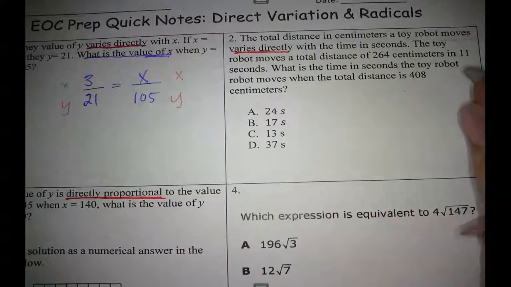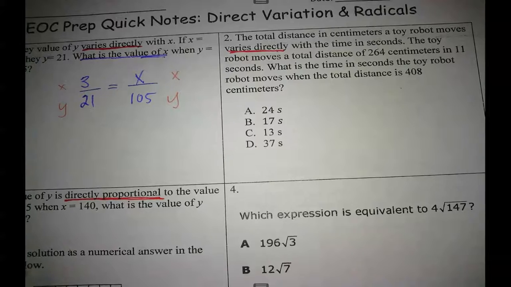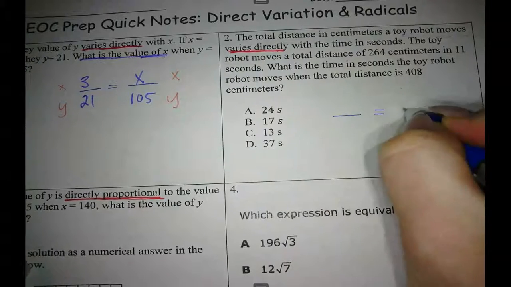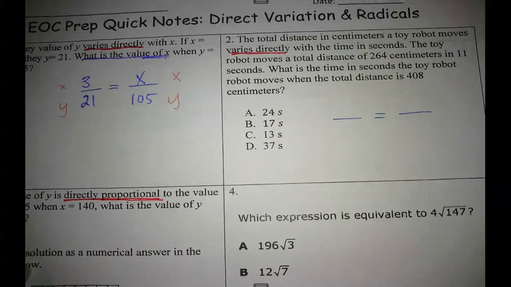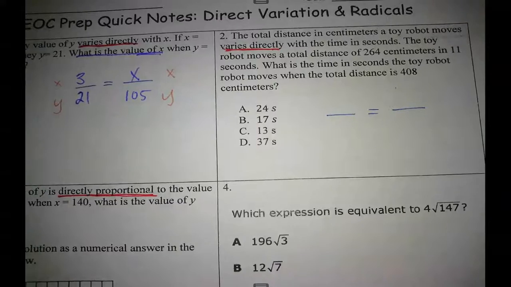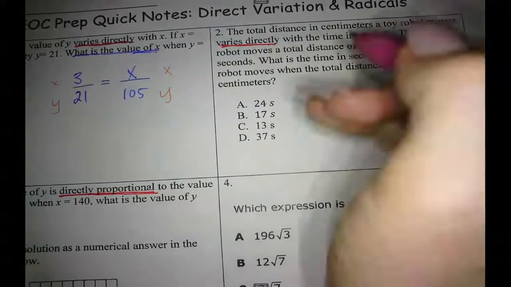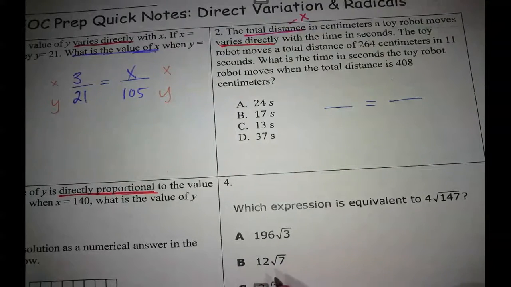Another example might not just be giving you x's and y's. It might be a word problem, and we'll label one as x and one as y. So again, it says varies directly. The total distance in centimeters a toy robot moves varies directly with the time in seconds. So here are our 2 variables. We've got total distance, so let's make that x just because that's first.